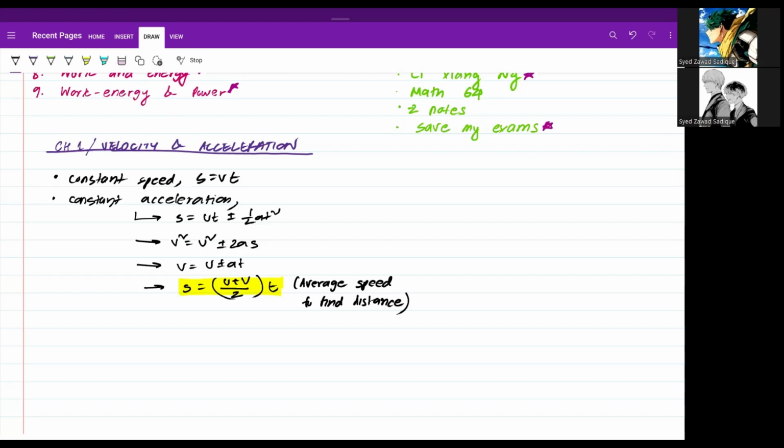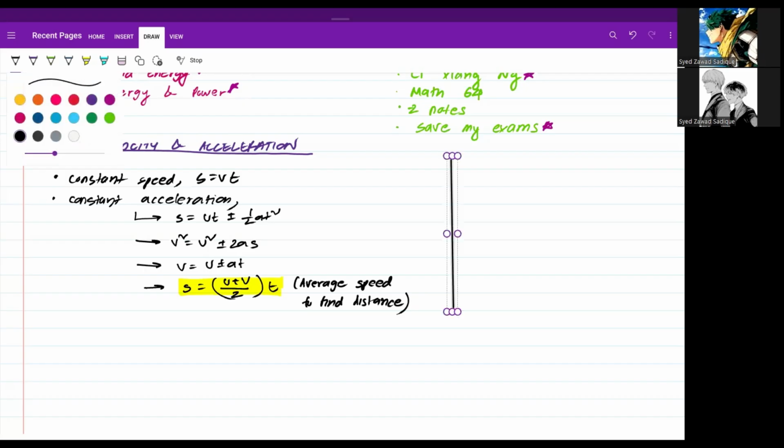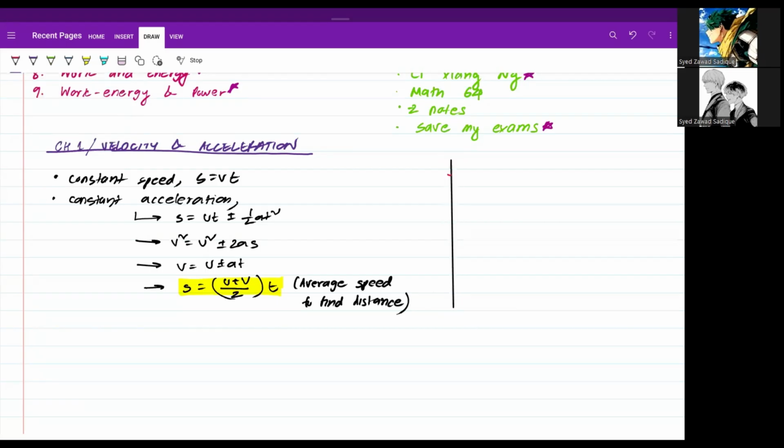I'll give you guys a bit more time to understand, while a lot of you might not understand a lot of things, but I'll break it down. S means distance, but can also mean displacement. Maybe in school you learned this as D, but the actual terminology is S. V is final velocity.